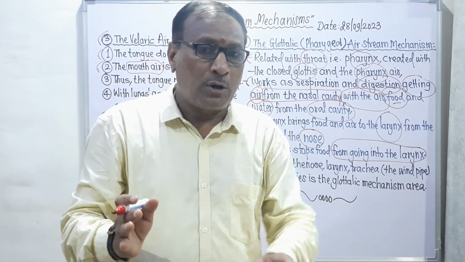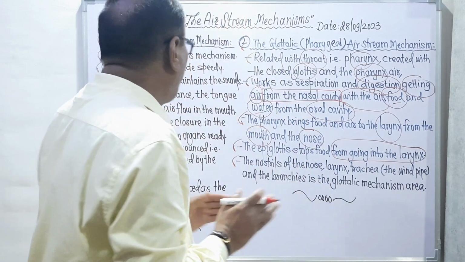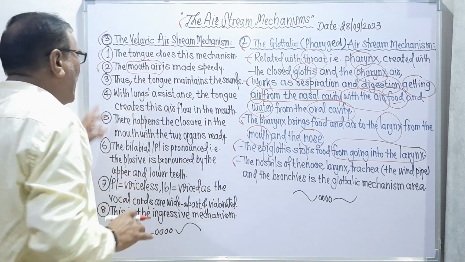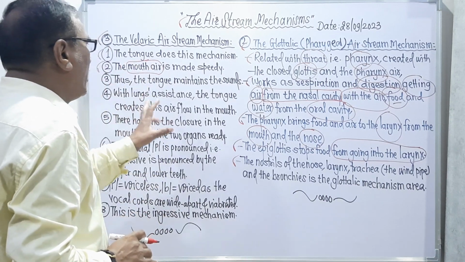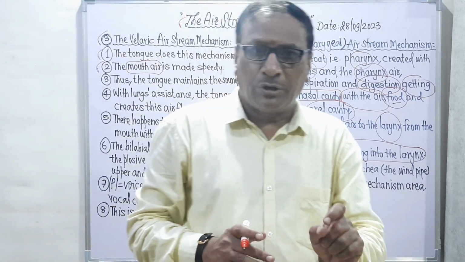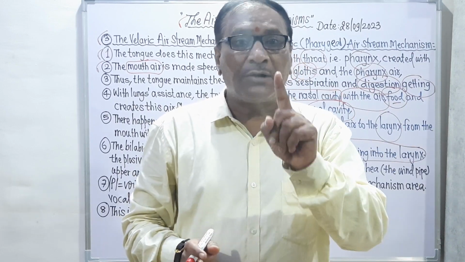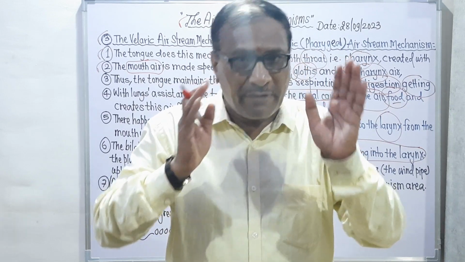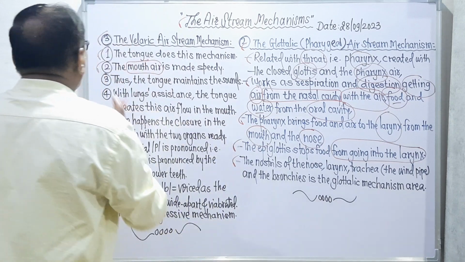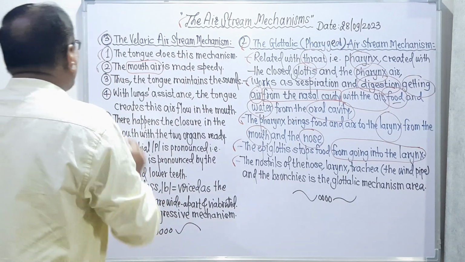The air is not passive there, the air is very active, and this happens only because of the function of the tongue. The air in the mouth works very speedily. It never stops at one place, and that's why the mouth air is made speedy.